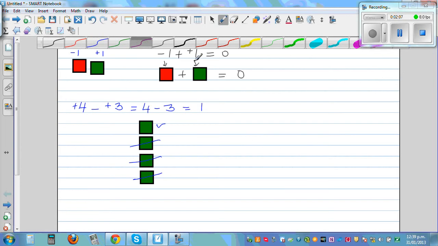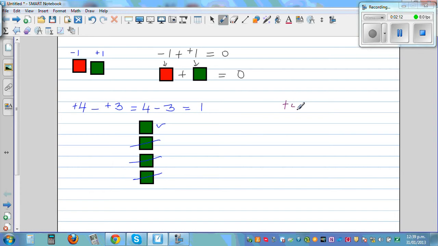Let me take one more example. Say it is +5 take away +2. Basically you're asking the question, what is 5 take away 2? And that is 3. If you want to explain that in a diagram, you have 5 tiles: 1, 2, 3, 4, 5.